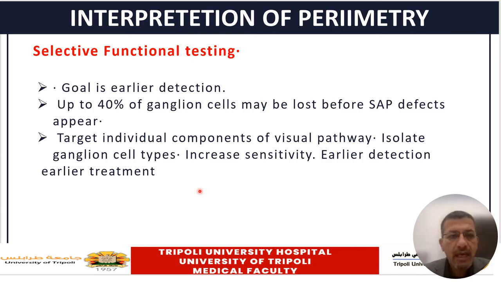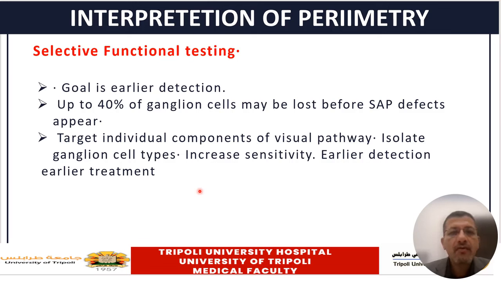We will see this in the coming slides, because nearly 40% of the ganglion cells should be damaged before you can note changes in the visual field in the standard automated perimetry.